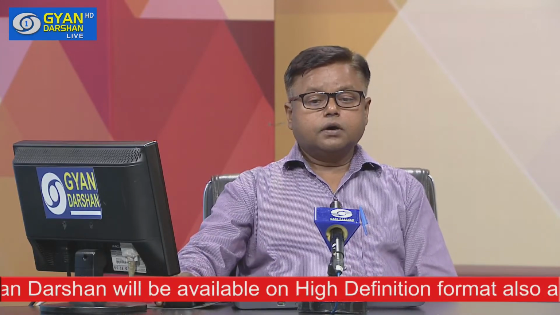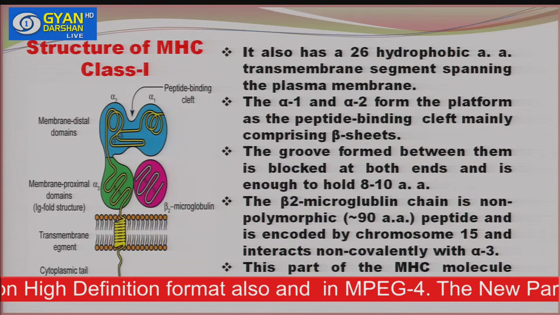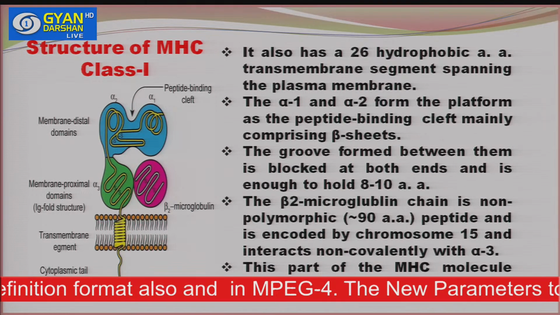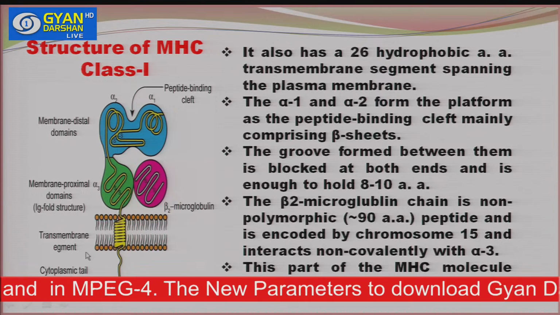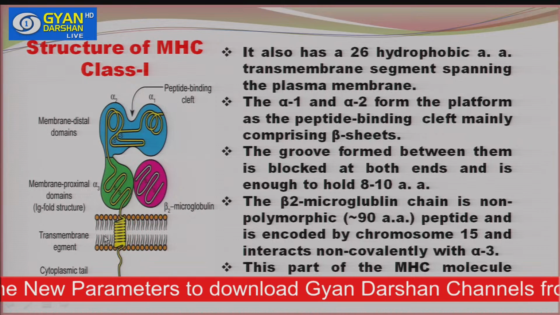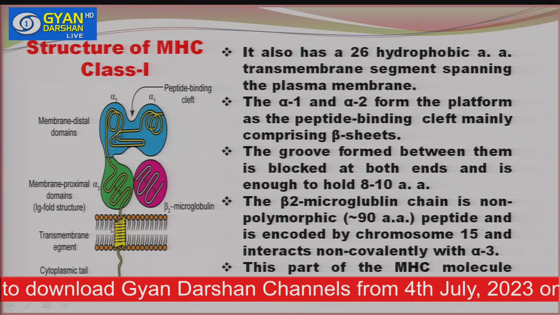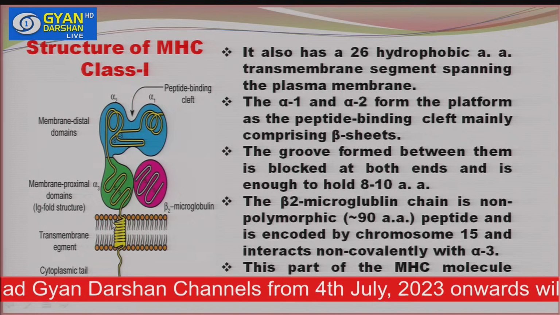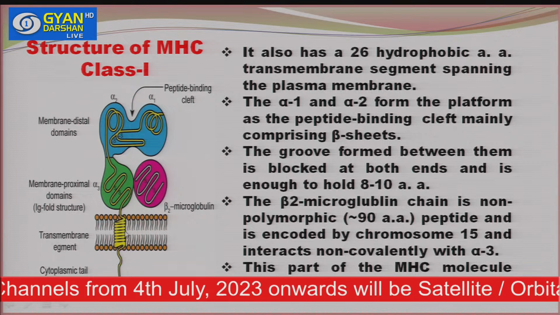It has 26 hydrophobic amino acids in a transmembrane segment spanning the plasma membrane. You can see here is the plasma membrane, and the 26 hydrophobic amino acids are present in this region.